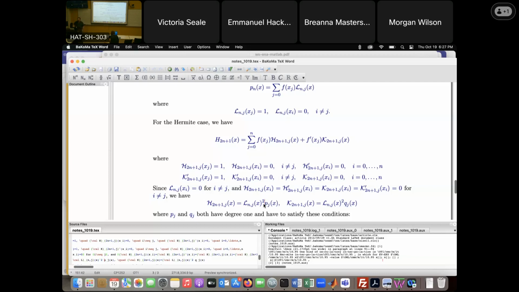So because I want the polynomial and the derivative to be equal to 0 at the same places where the Lagrange polynomials are known to be 0, by including the Lagrange polynomial squared as a factor in both sets of polynomials, I end up ensuring that most of these conditions are satisfied.